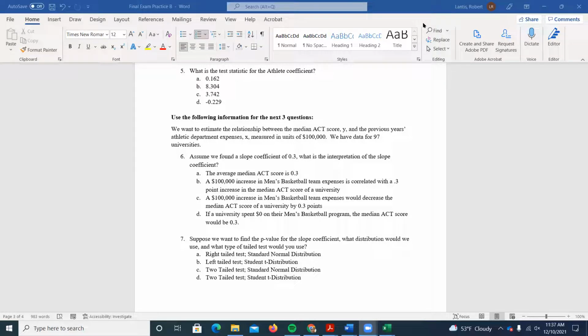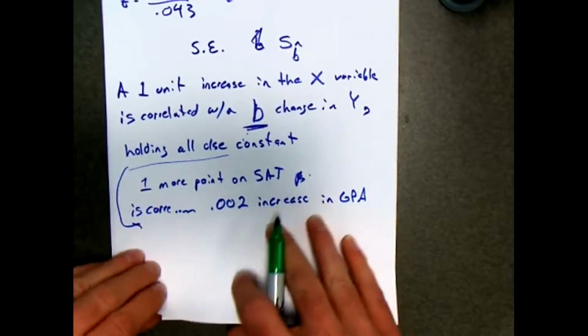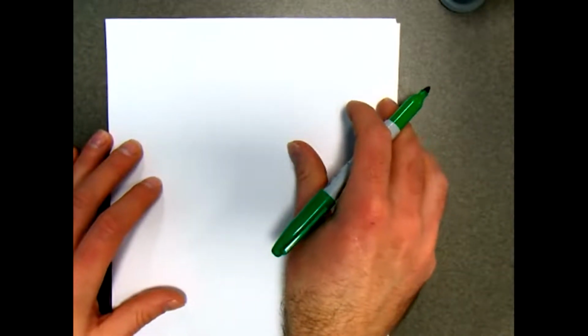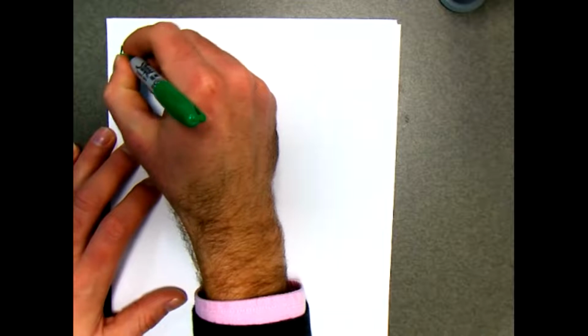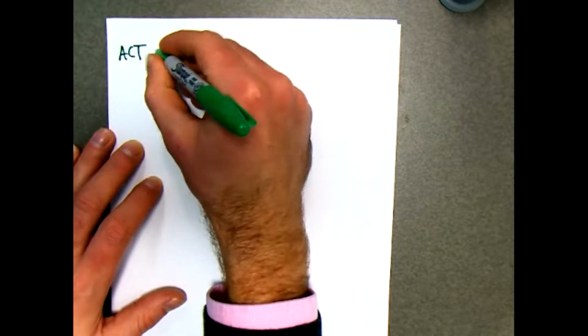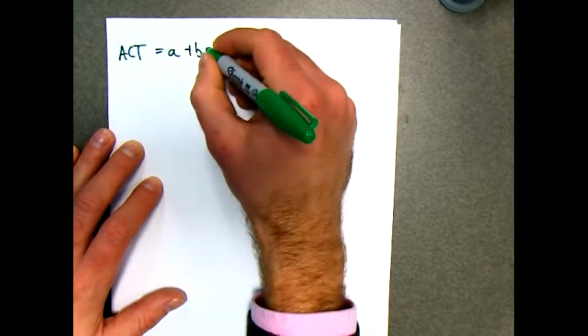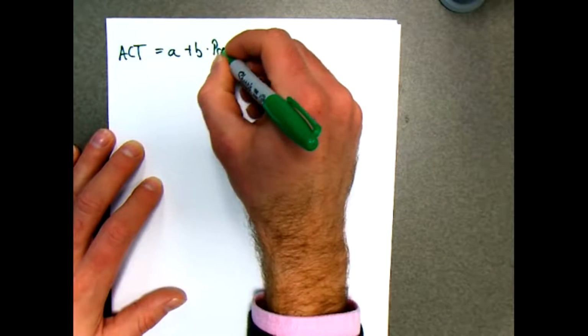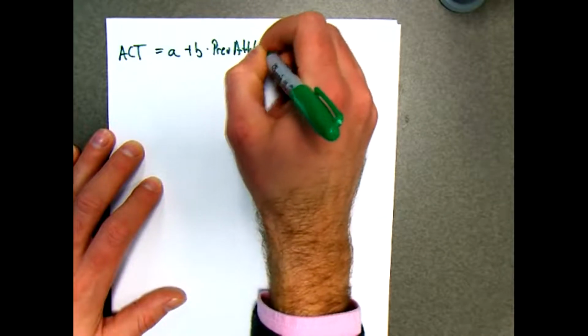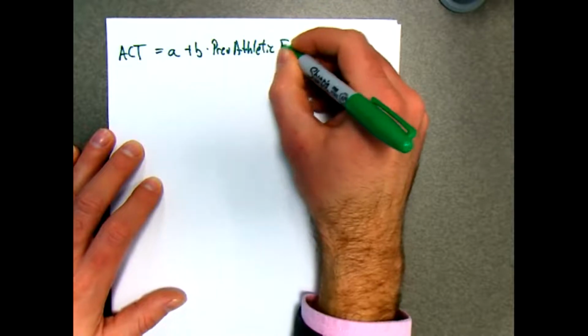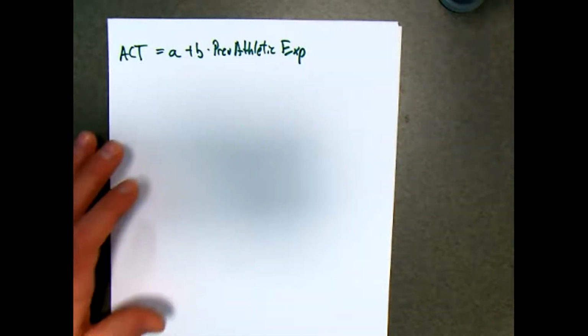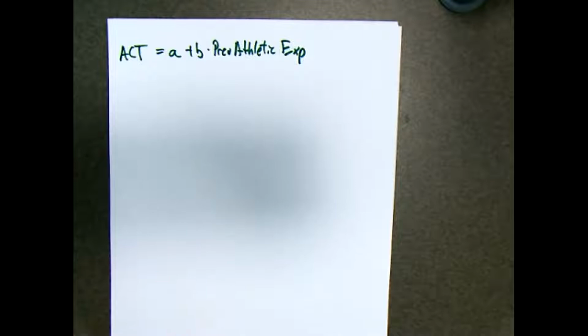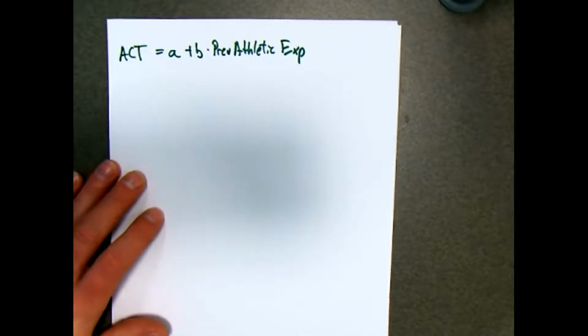What we're thinking about here is I'm trying to predict the incoming ACT score of my freshman class using my previous athletic department expenses. This was similar to the example that we went over with tournament success leading to a higher quality incoming freshman class.